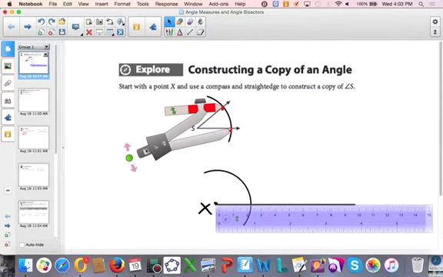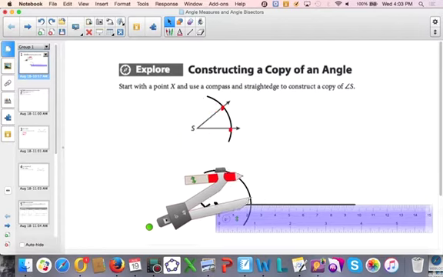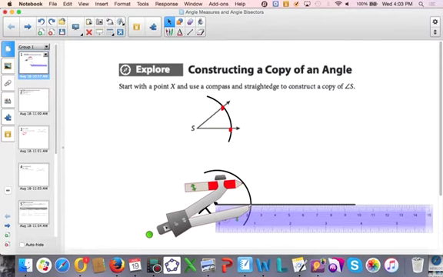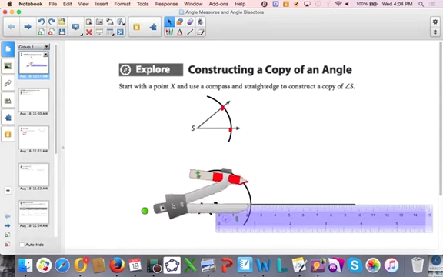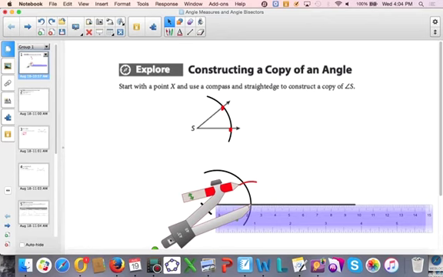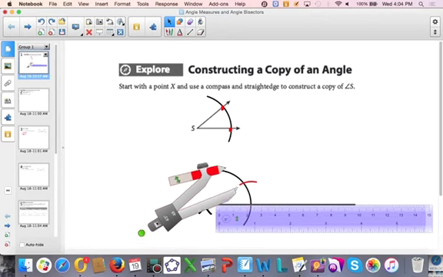So it's about there. So there's my compass setting, and then I'm taking that compass setting and bringing it to the intersection of the arc and the ray, and making that arc.